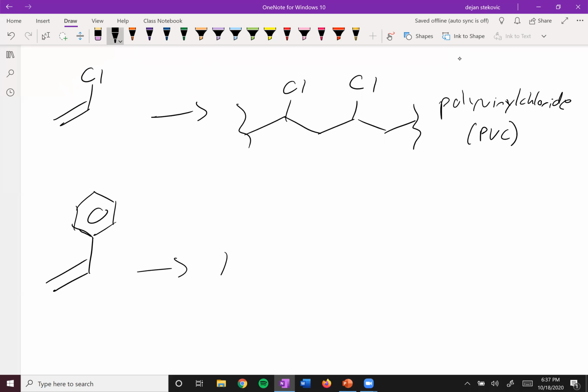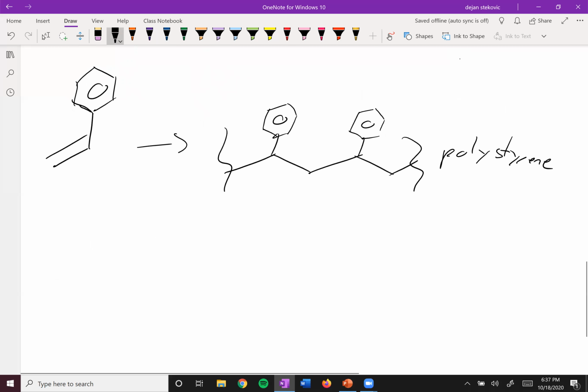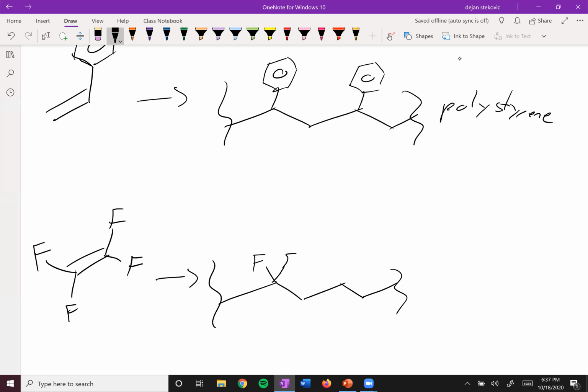If we have this phenyl ring attached here, we get what's called polystyrene, which I'm sure you've heard of as well. If we just have all fluorines and we polymerize that, right, it's all going to be fluorinated.